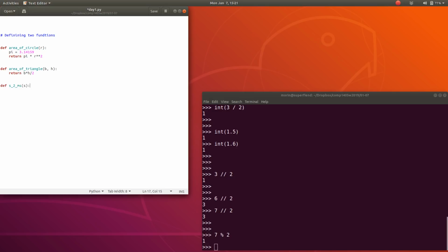It's a function that converts a number expressed in seconds to minutes and seconds. So it needs to take that number and split it into 2 parts. It needs to figure out how many minutes there are. So if S is the number of seconds, how many whole minutes are there?